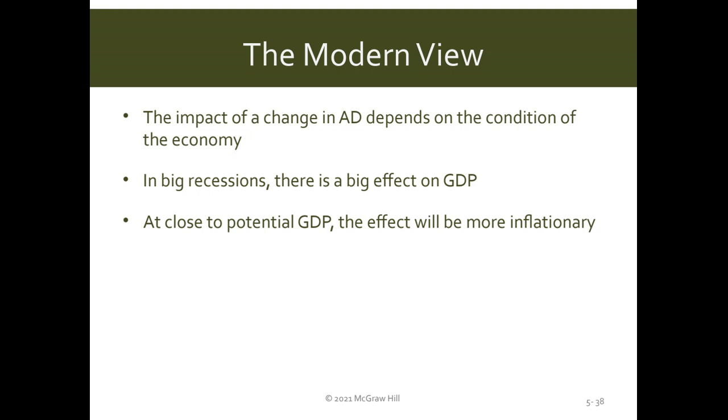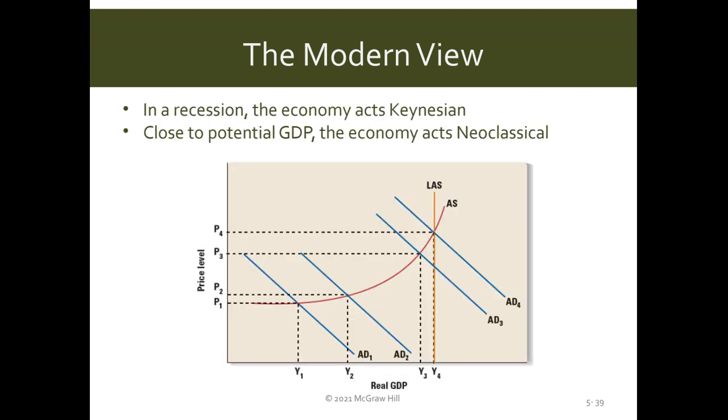Let me show you the diagram, and you'll understand. These are the two different conditions in this diagram. One is where the economy is operating somewhere here at, let's say, Y1. Y1 is far away from full employment GDP, that is Y4, so you have huge unemployment in the country.